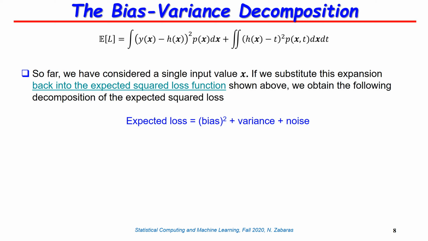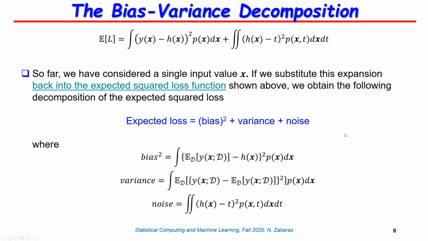And then we get that the expected loss is an expected bias squared term, an expected variance, plus this noise level. Let me write those explicitly. If you plug in what we had before on the first integral, you will get a bias squared term, a variance term, and of course the noise that we did not do anything about, and we don't touch it.